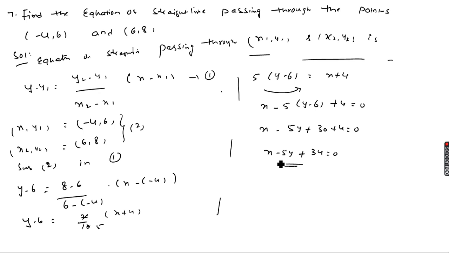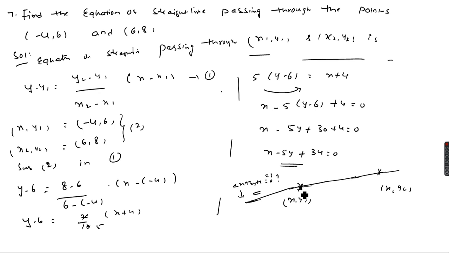So here these are the two points, this is one point and this is the other point, say x1, y1 and x2, y2. We need to find the straight line passing through the points, that is, find ax plus by plus c equal to 0.